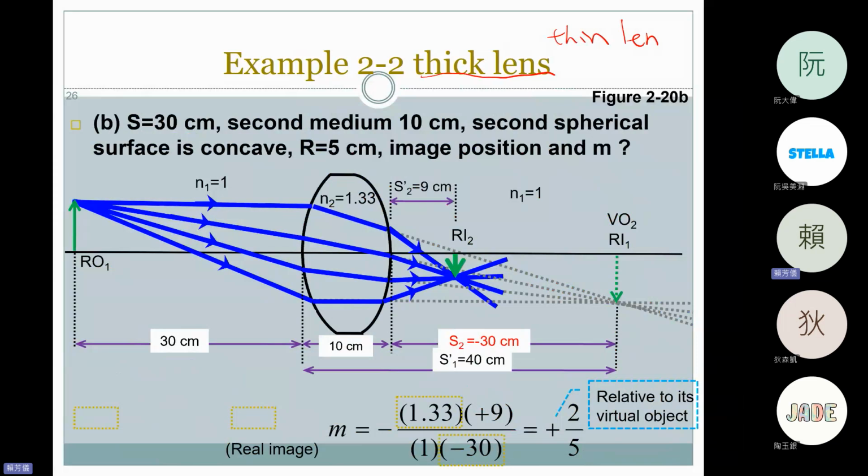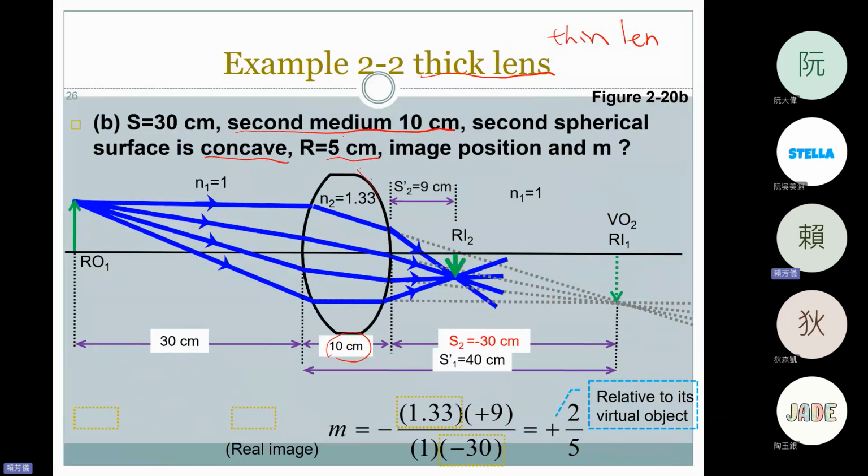Okay, so here we have a second surface. The second surface is 10 centimeters behind the first surface, and the second spherical surface is concave, so we draw it like this. For the concave surface, the R is 5 centimeter.